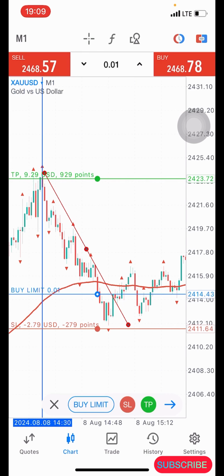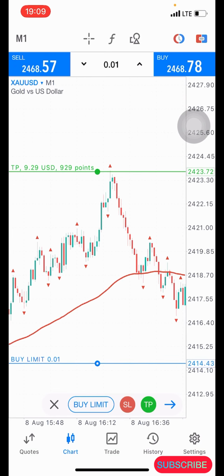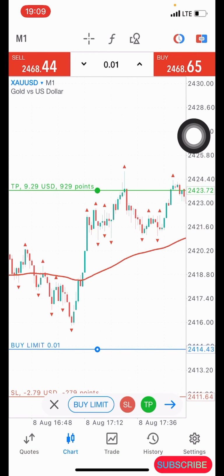Then you wait for price to do its thing. As you can see here, this is a successful hit again. So this is basically how the strategy works.